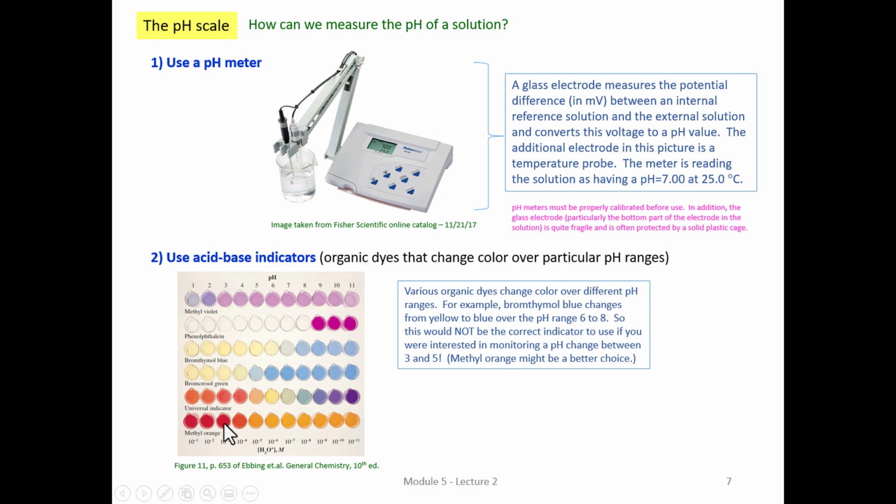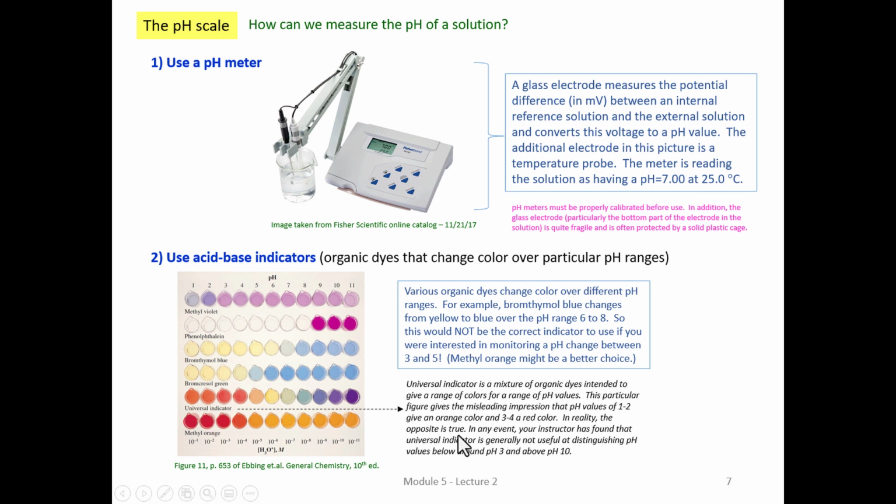Finally, an indicator that you see often in general chemistry labs is a universal indicator, which is actually a mixture of organic dyes. And generally speaking, the colors are red at low pH, oranges at a little higher pH, yellow around pH 6, green at pH 7, and then blue, purple, and this very dark purple at higher pHs.